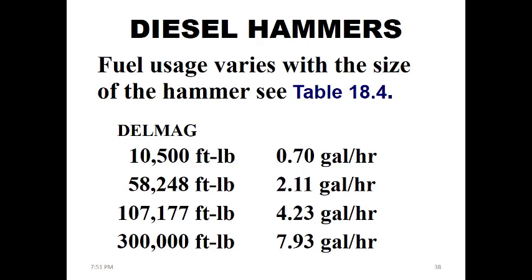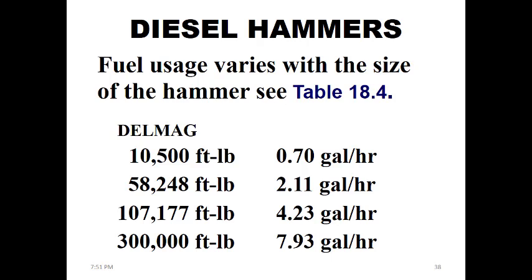When it comes to diesel hammers, we have to pay attention to their energy utilization, because fuel usage will significantly vary depending on the power that we are looking for. So what you have to notice is the short information that is available on the slide. Let's say it's Delmac. This is just a brand name of one of the manufacturers. It doesn't matter actually. We can think of the power that we are trying to generate.